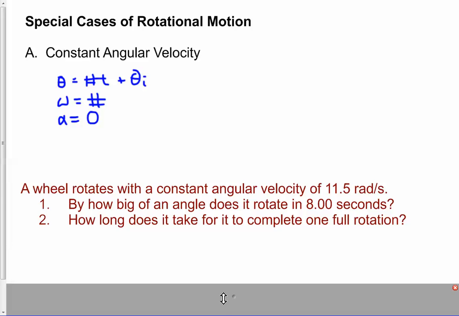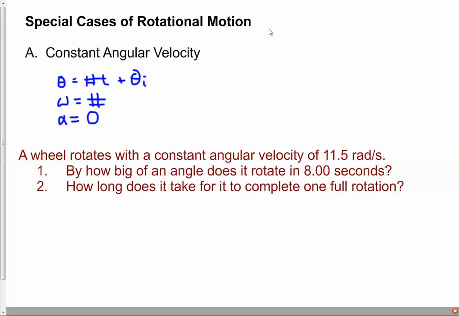Let's do a quick example. A wheel rotates with a constant angular velocity of 11.5 radians per second. By how big of an angle does it rotate in 8 seconds? Okay, so we have a wheel. So I draw a circle.